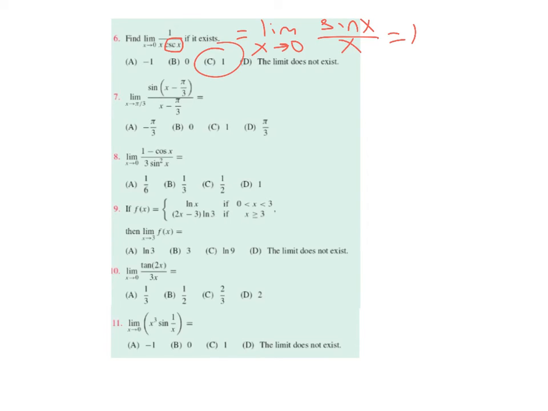Ooh. How do I do that? I get 0 over 0, but I have that minus. But we're not approaching 0. We're approaching pi over 3. I have to think about this one.